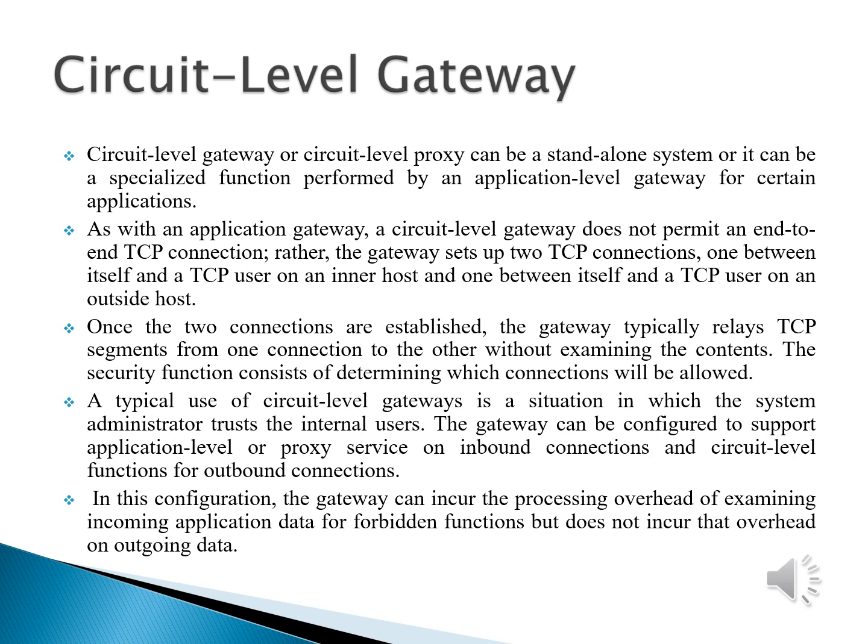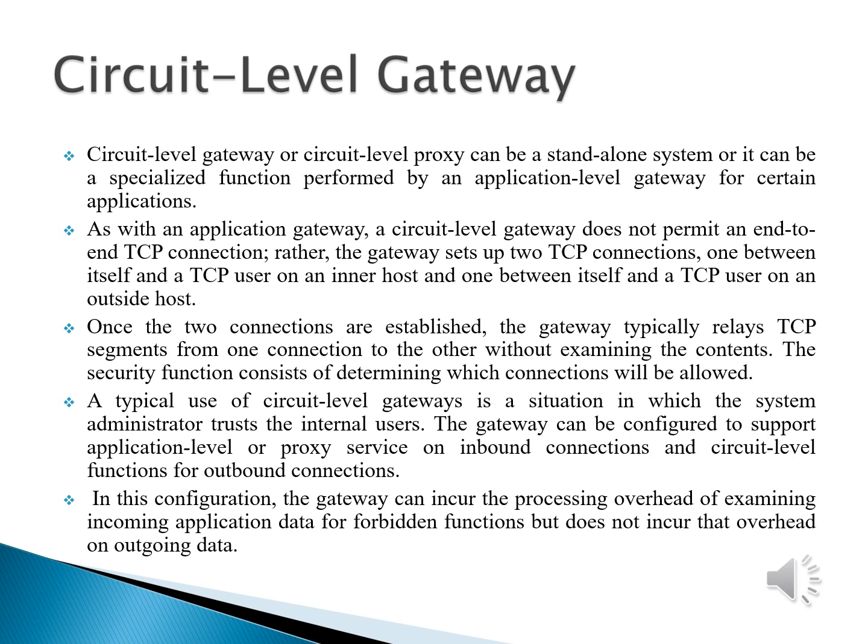Once the two connections are established, the gateway typically relays TCP segments from one connection to the other without examining the contents. The security function consists of determining which functions and connections will be allowed. A typical use of circuit level gateways is a situation in which the system administrator trusts the internal users.